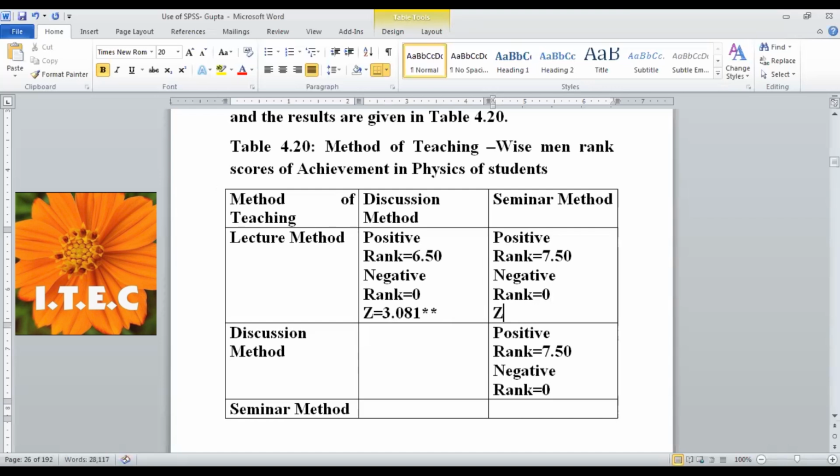And here the Z value is, and this was minus. So here also it is minus 3.344.